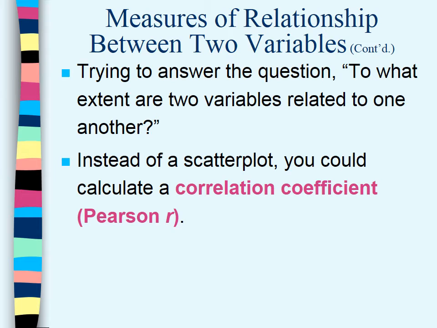The strength of a correlational relationship is measured on a scale from 0, or no relationship, to +1, which is a perfect positive relationship, and from 0 to -1, a perfect negative relationship. The nearer to 1, whether negative or positive, the stronger the relationship is.